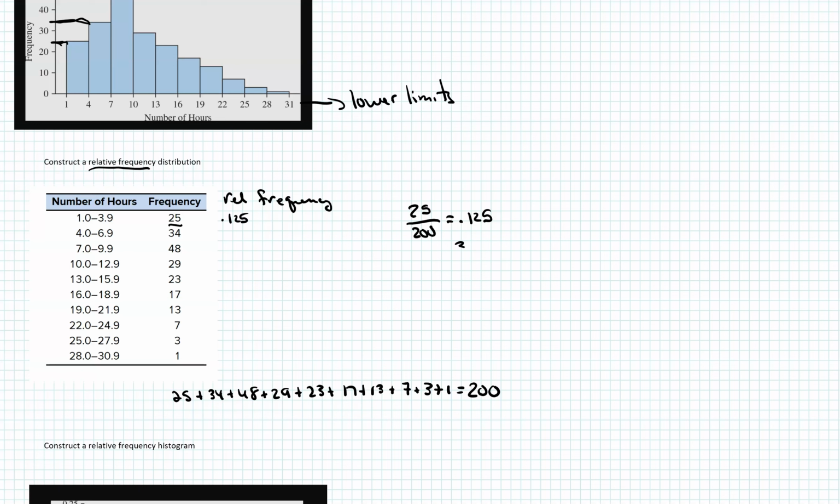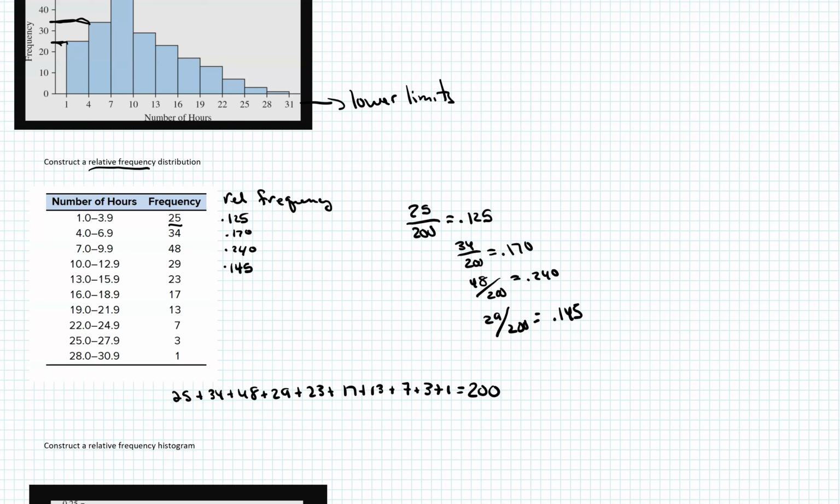The second one is going to be 34 divided by 200, which is 0.170. 48 divided by 200 is going to be 0.240. 29 divided by 200 is 0.145.